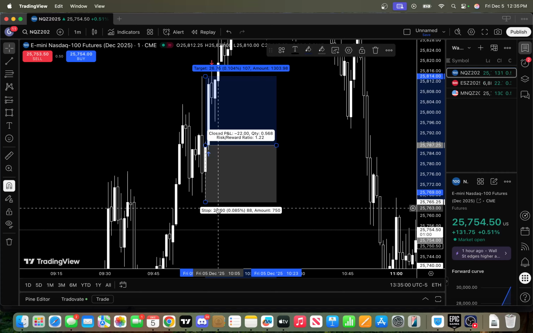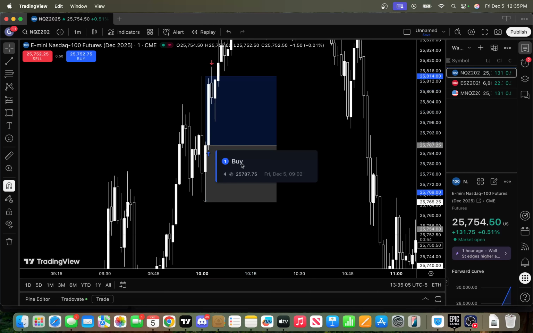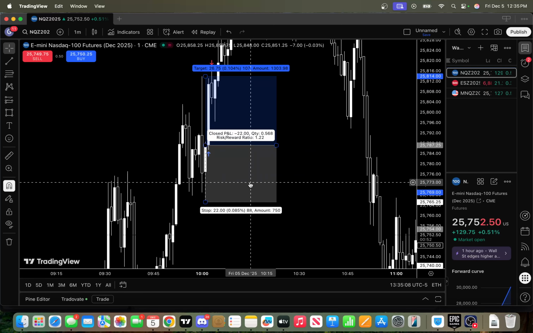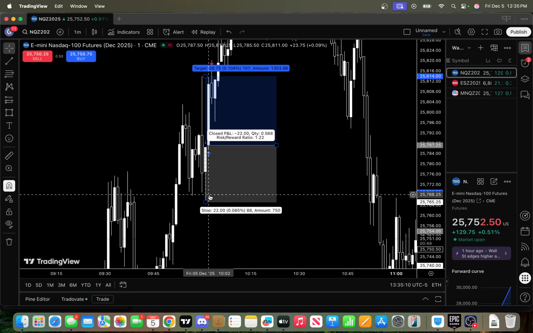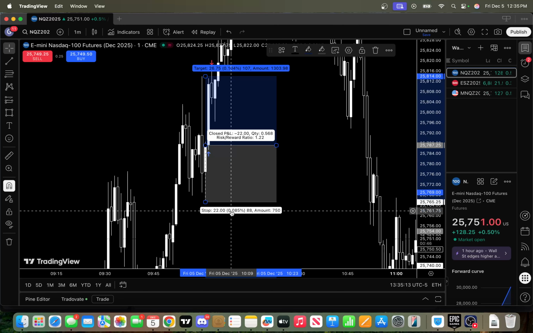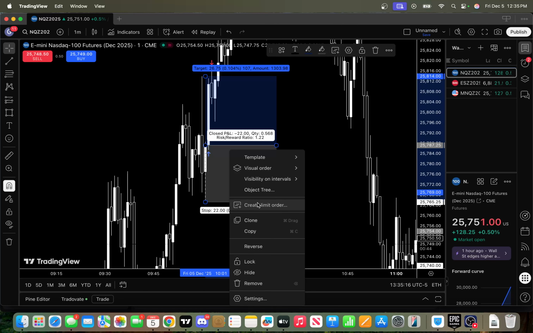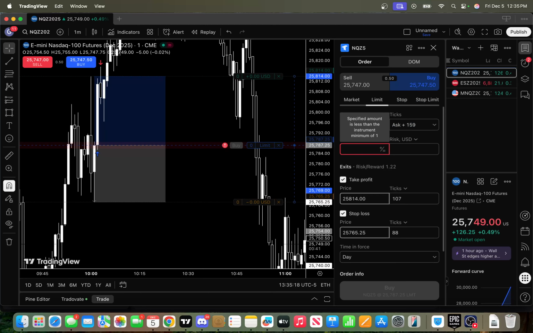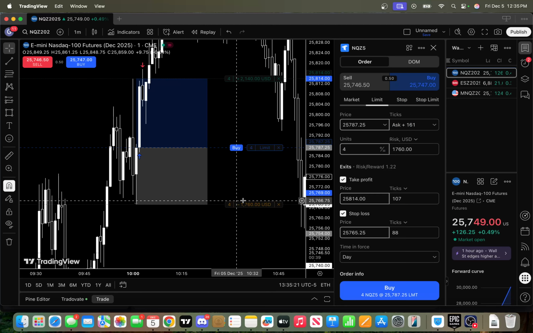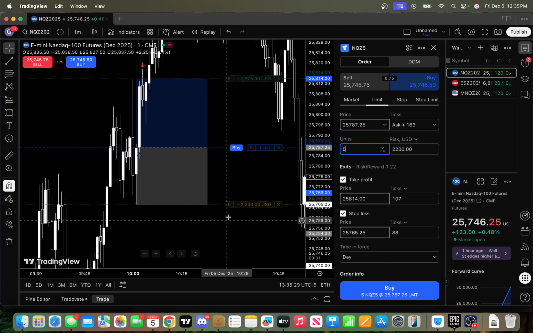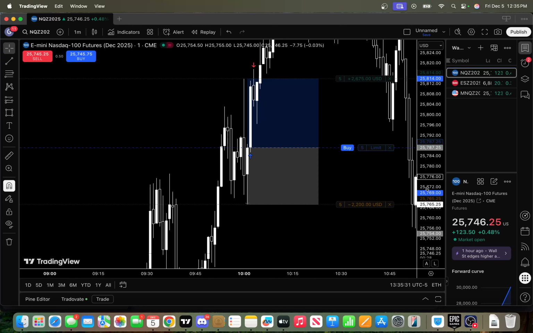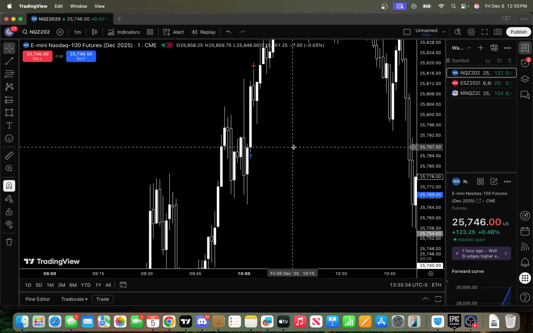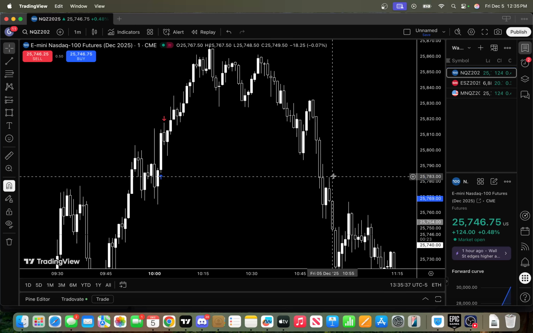If I want to risk 2K, how many contracts should I do? I should do 4 contracts, which is what I did. It keeps me right below the 2,000. Entering with 4 contracts means risking 1,760, which is good. If I were to do 5, it's not so good, because I'm over-risking. So that's the best way to manage your risk, and hopefully that explains a lot.